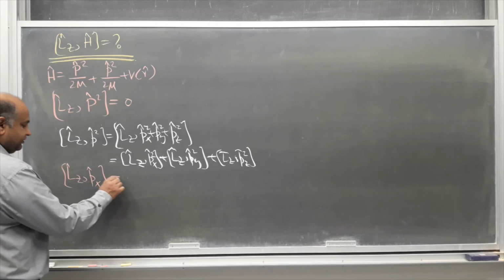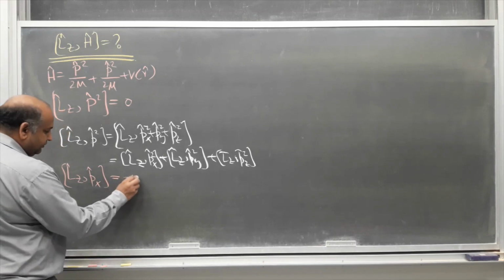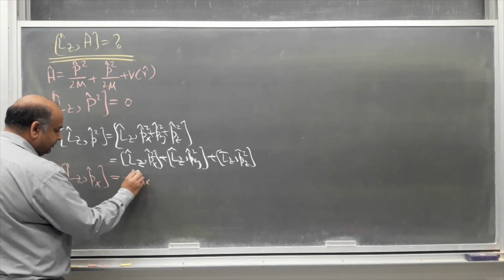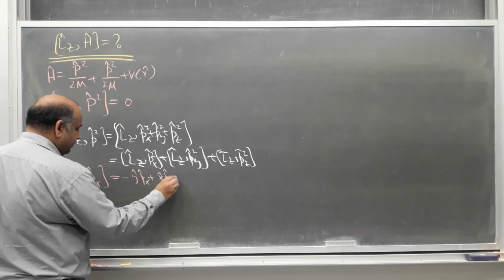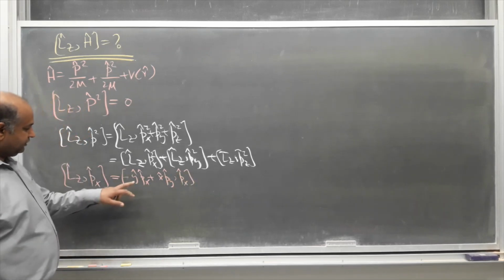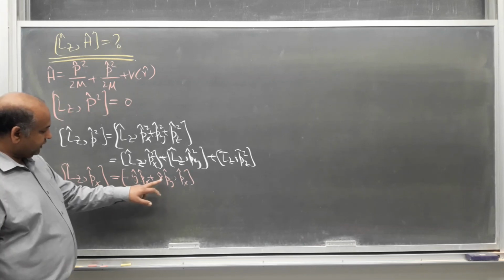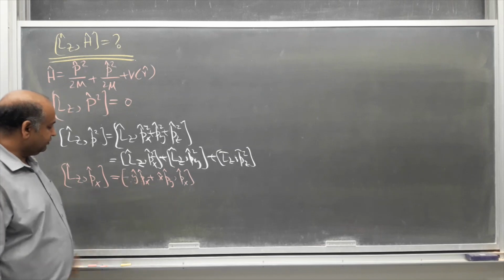So Lz is minus y px plus x py, with px. Just remember that y px can be interchanged and x py can be interchanged because x and py commute, y and px commute.